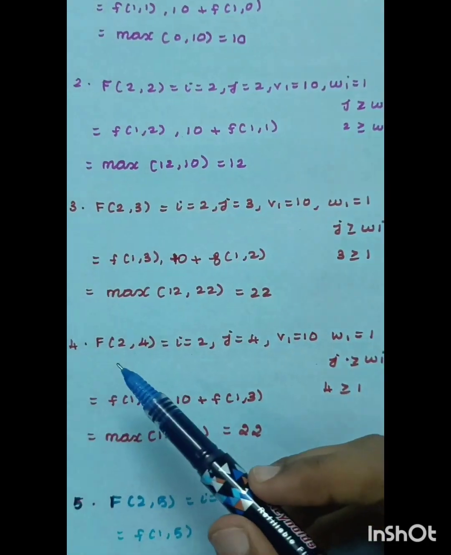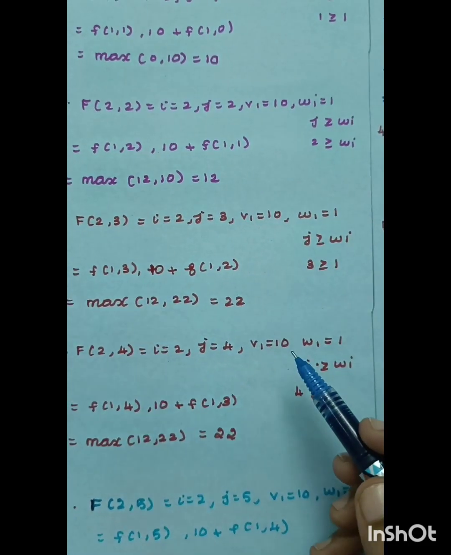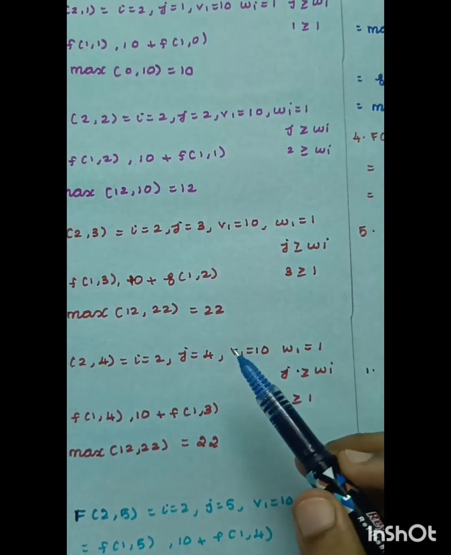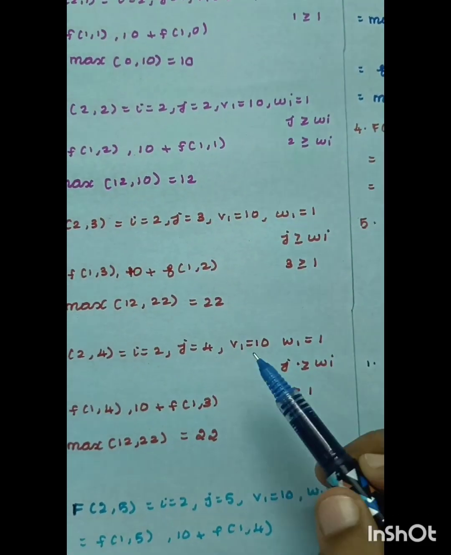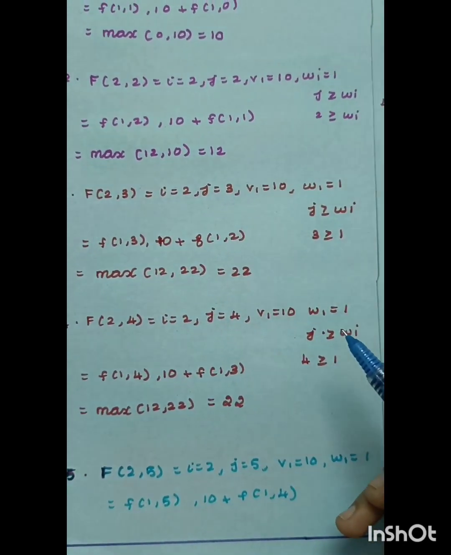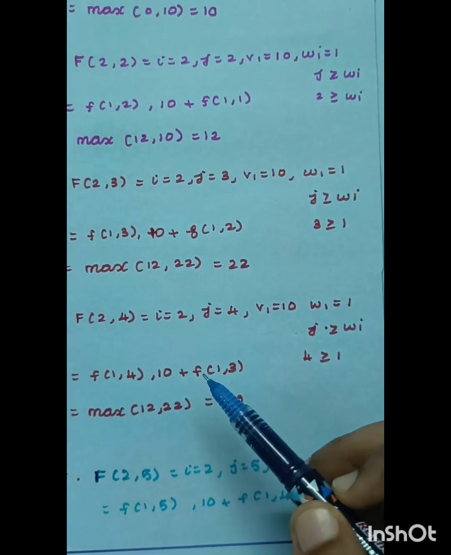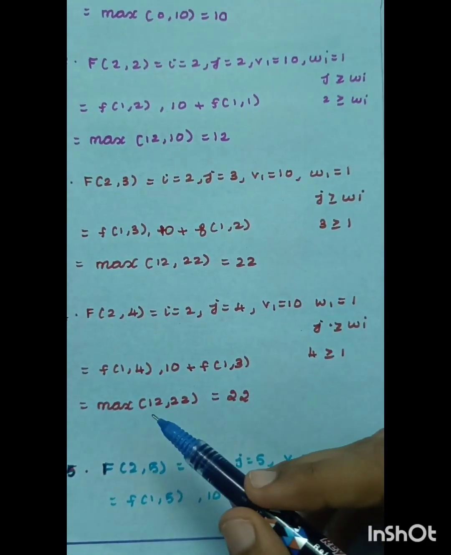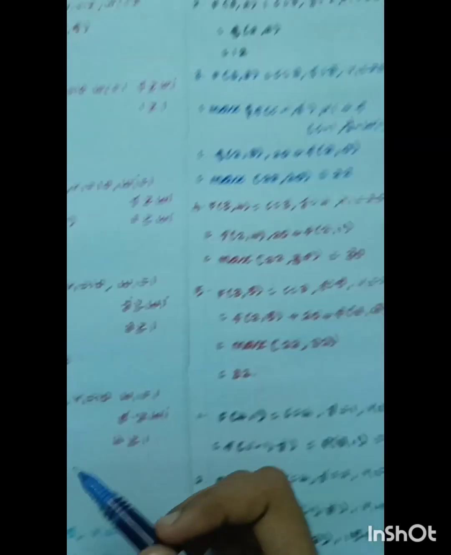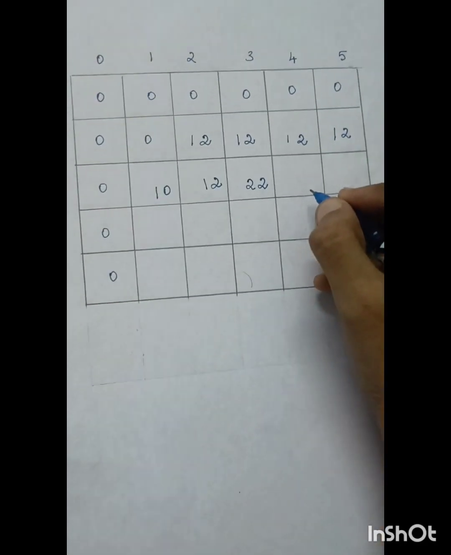For f of 2 comma 4, i equal to 2, j equal to 4, v1 equal to 10, w1 equal to 1. J is 4 and w1 is 1. 4 is greater than or equal to 1. So the condition satisfies the second formula. So f of 1 comma 4 comma 10 plus f of 1 comma 3, max is equal to 22. So in the matrix 2 comma 4 we have to fill the value 22.